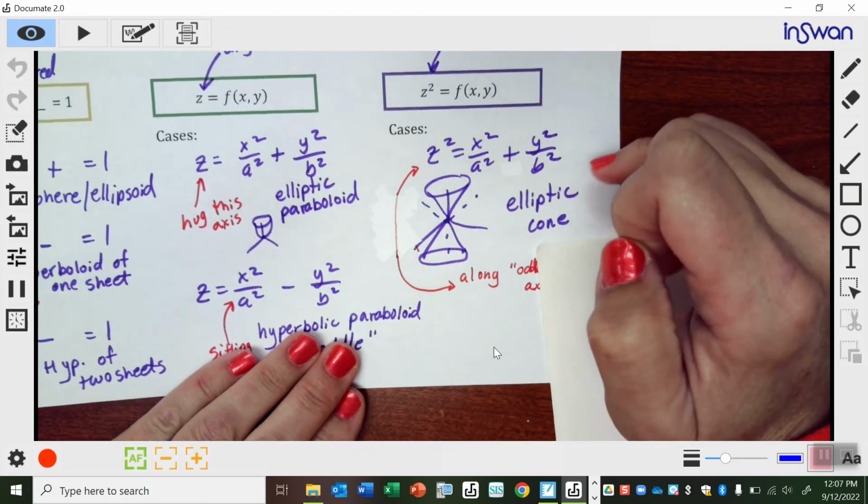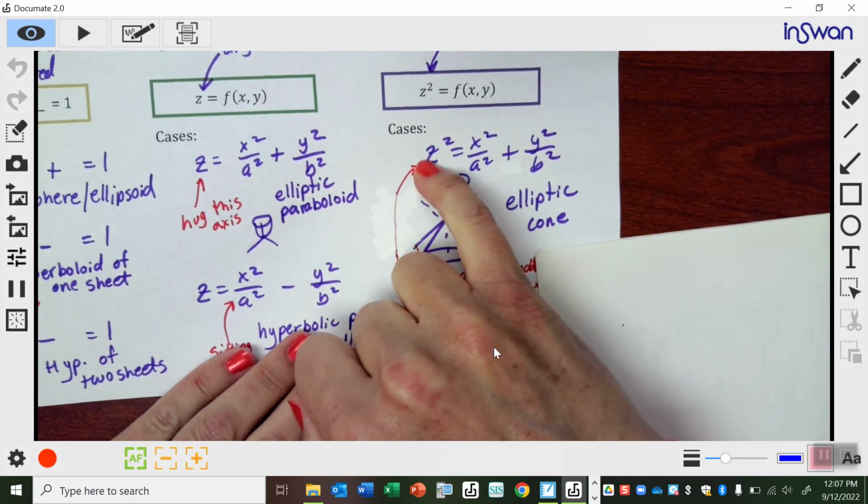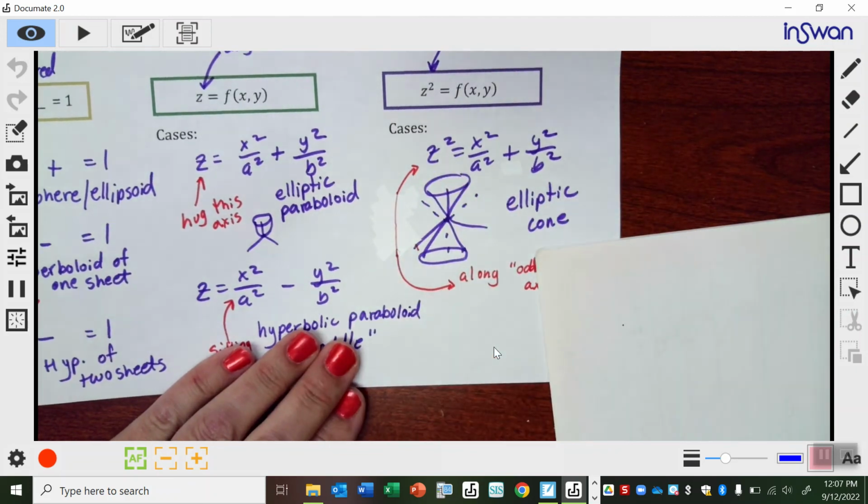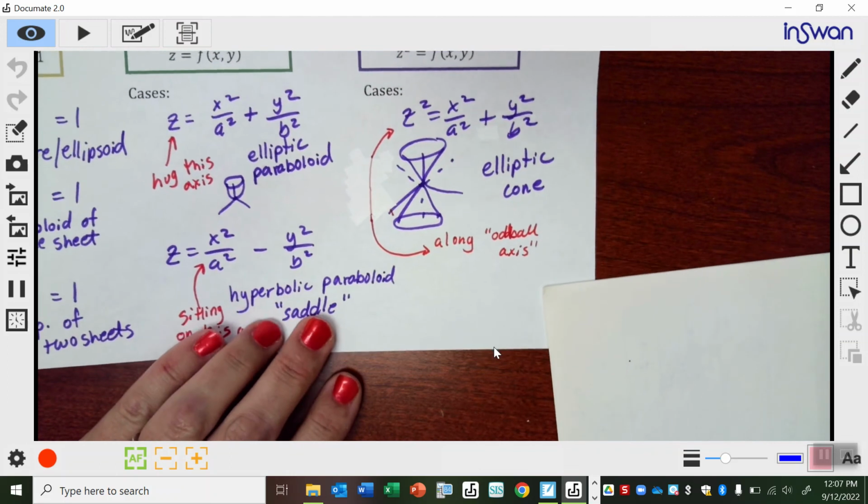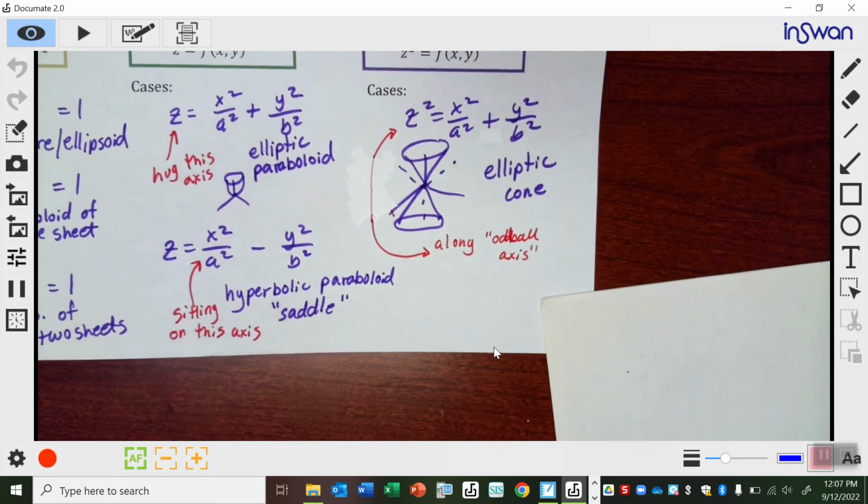They're all squared, and you got one oddball over here and the other two there. So anyway, that's going to be your cone, elliptic cone. It can be circular in nature if the a and the b match down there, but it's going to be elliptical if the a and the b don't match. And this will be going along the z-axis because Z is the guy over here by himself.